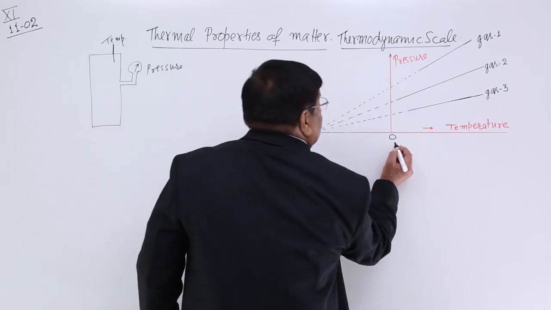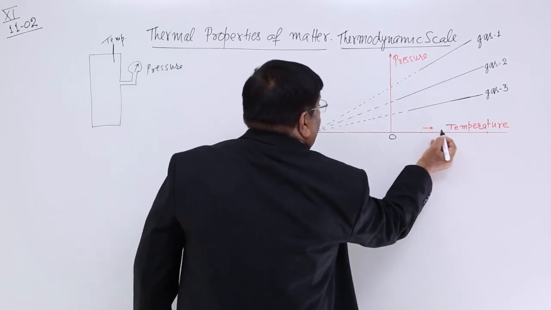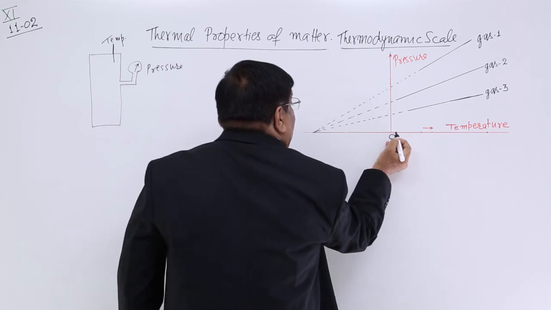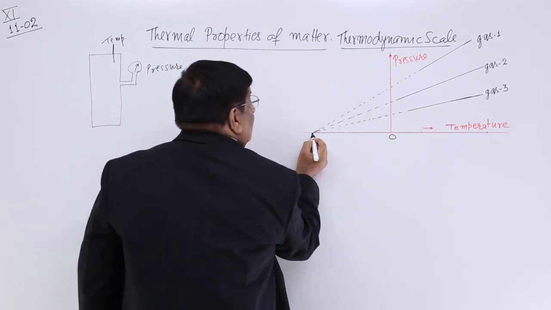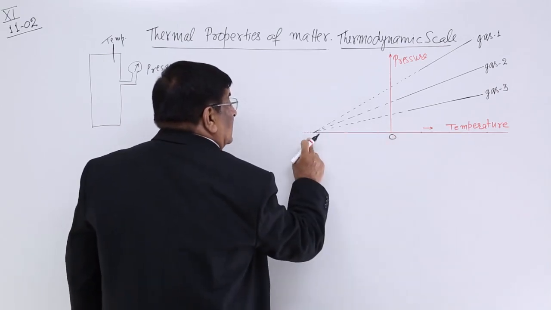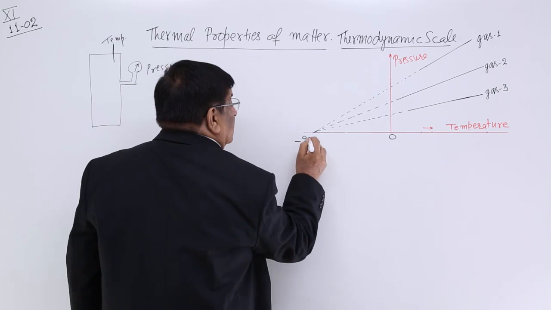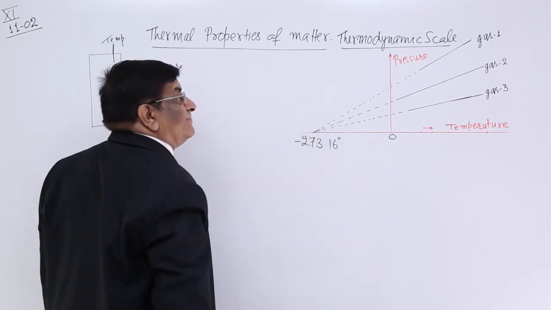Now, this temperature has certain values here, and it goes on decreasing. At this point, we find that on our graph, this temperature is minus 273.16 degree.